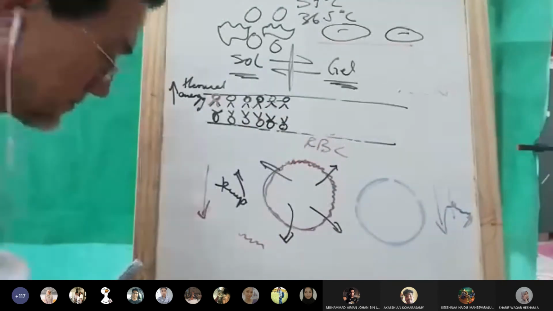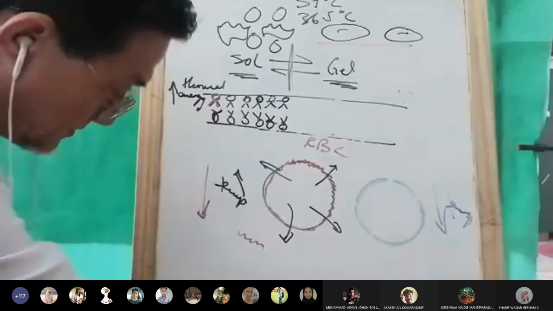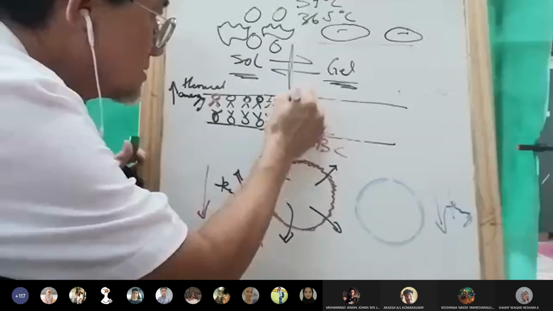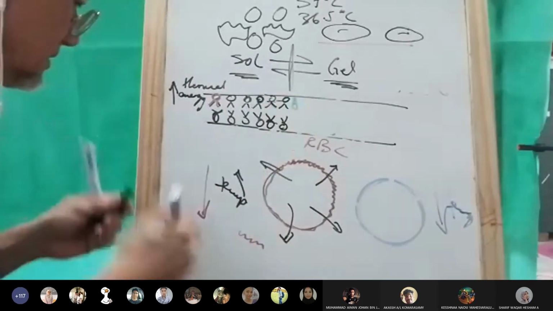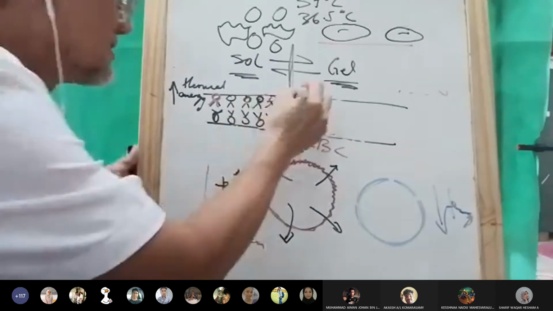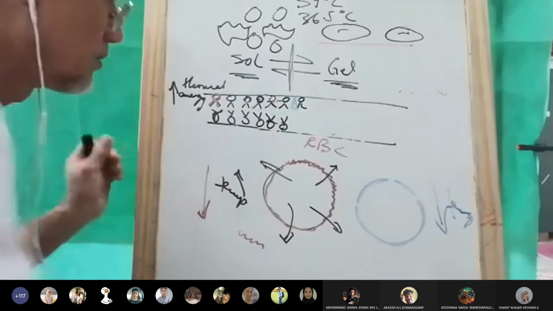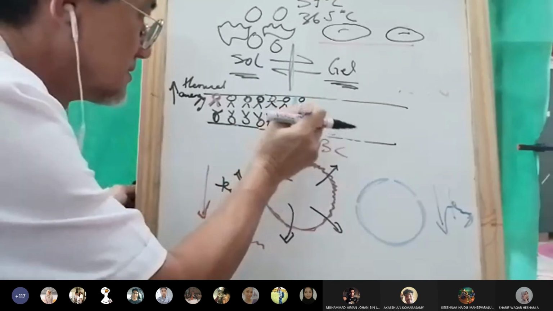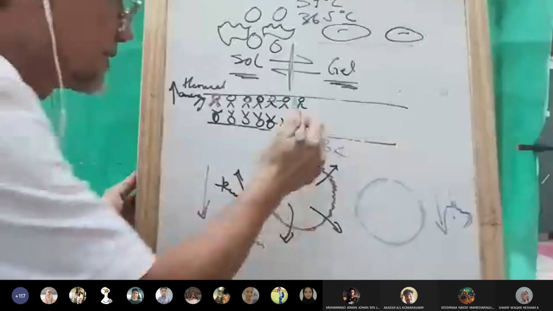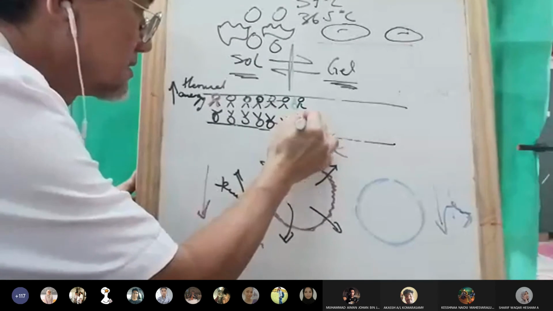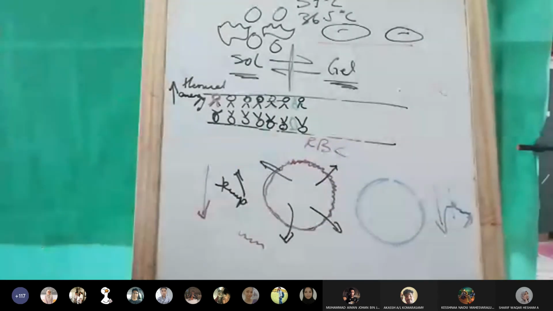Having cholesterol here prevents the phospholipid molecules from moving within the plane. That makes the membrane more solid rather than too fluid. Is that understood?